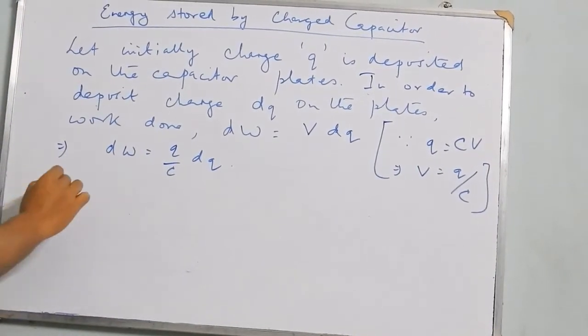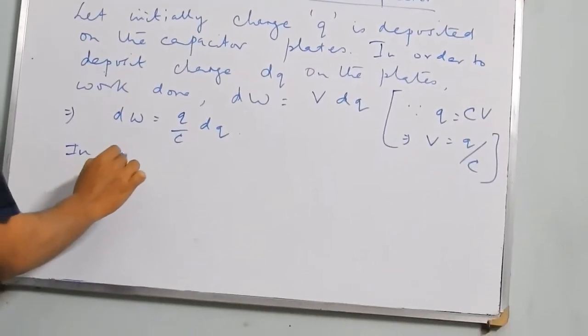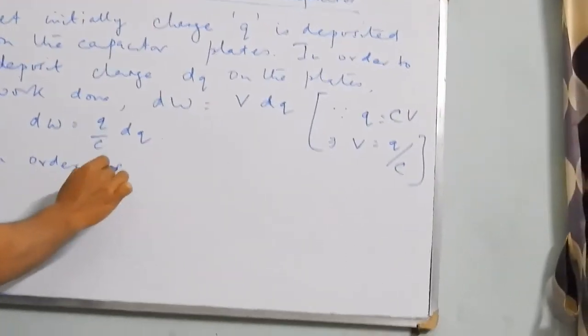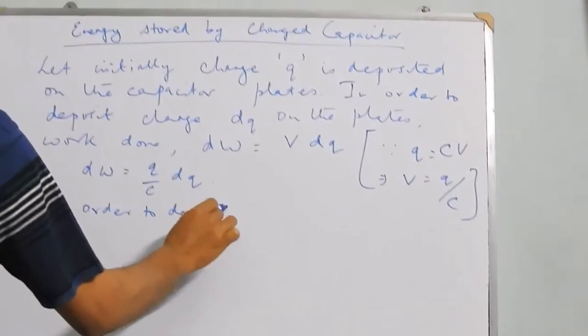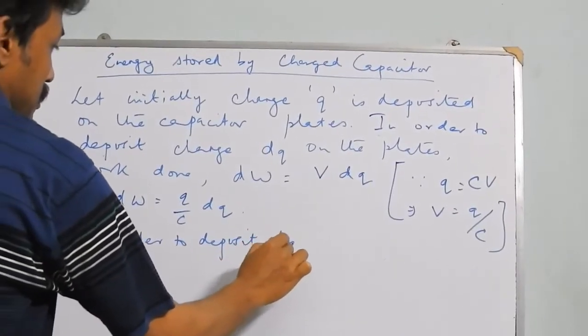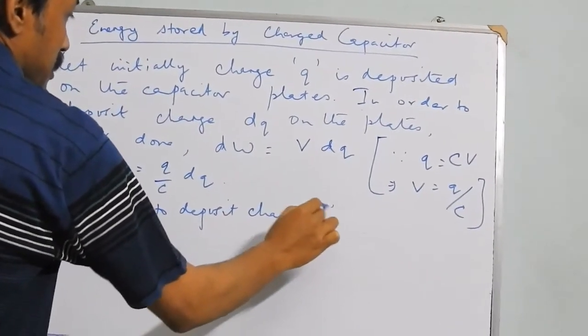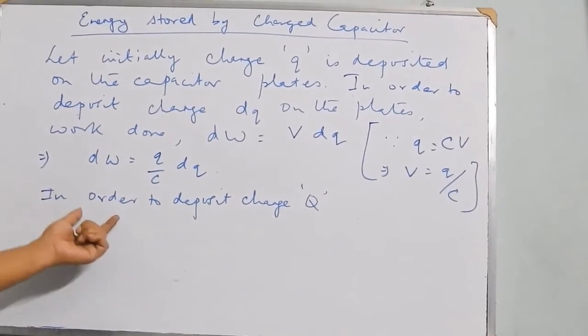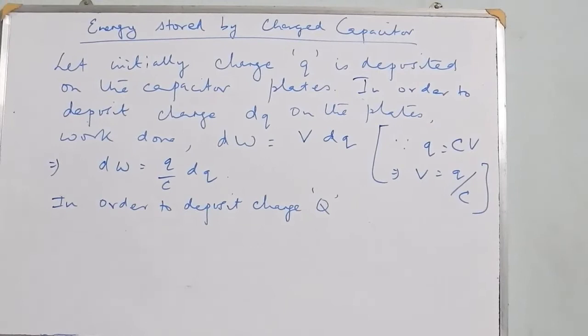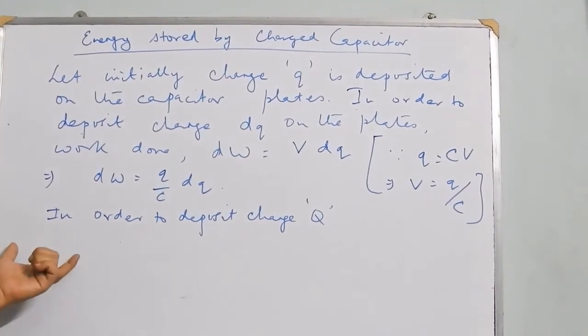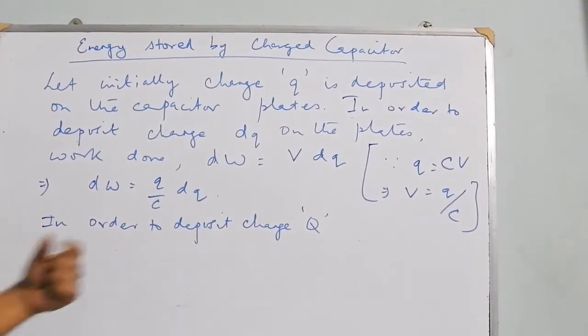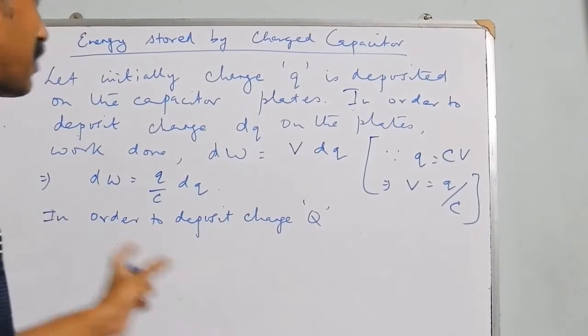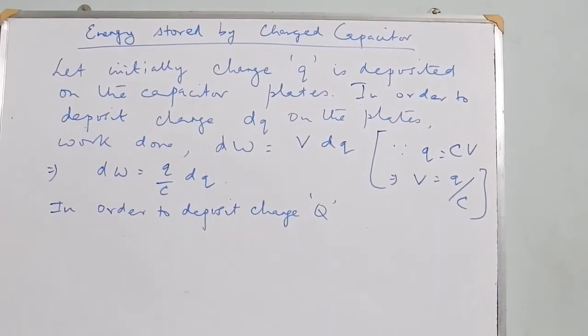In order to deposit charge Q, this is a finite amount of charge that we are trying to deposit from a previously uncharged condition. That means we are assuming that initially the charge was 0 and after some time Q amount of charge has permanently deposited on the plates of the capacitor.